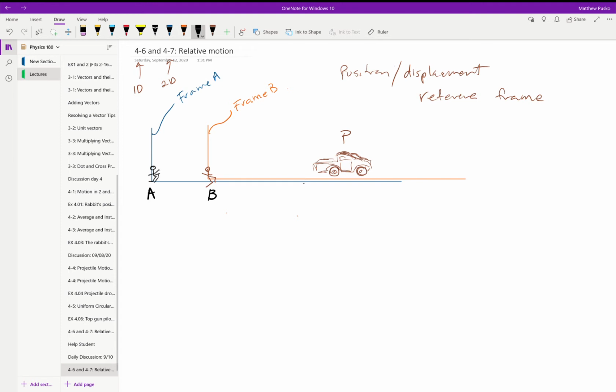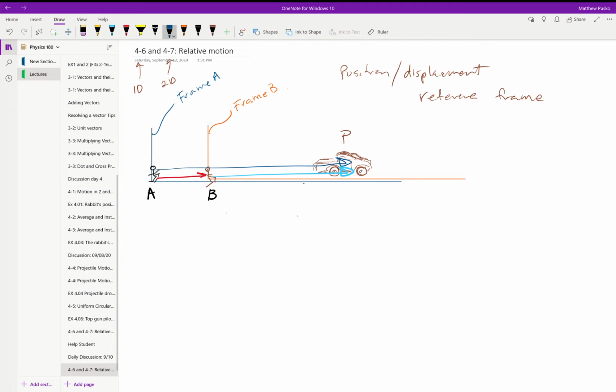Right now we're looking at position, and we can locate position B from A. We can also locate the location of P all the way from A.